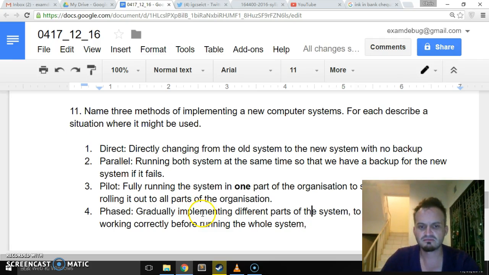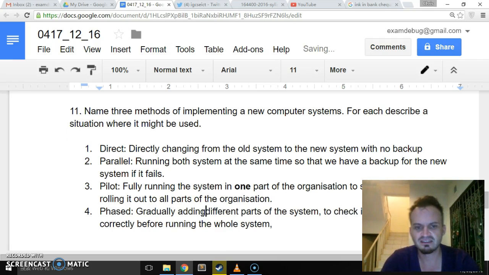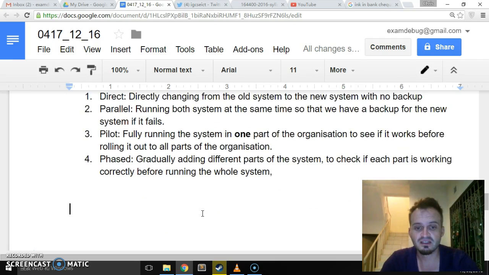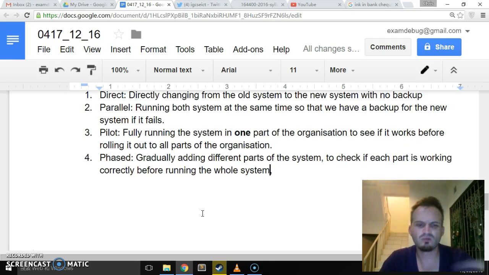Gradually adding different parts of the system to check if each part is working correctly, working up to running the whole system.